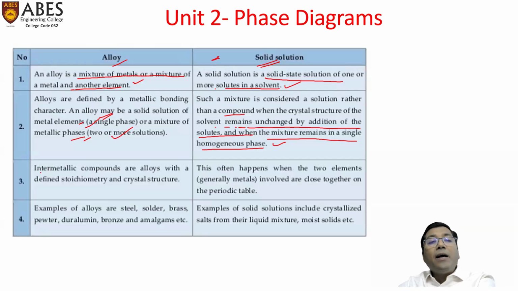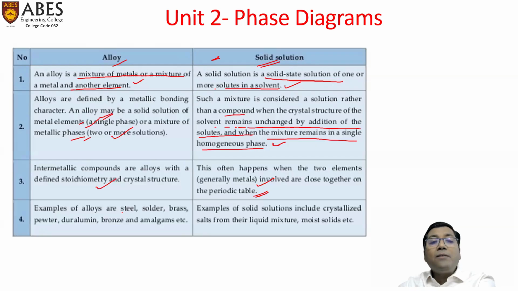simultaneously. In alloys, intermetallic compounds are alloys with a defined stoichiometry and crystal structure. The crystal structure and stoichiometry combinations are defined. This often happens when the two elements, generally metals, are close together on the periodic table. They can have better solid solubility.